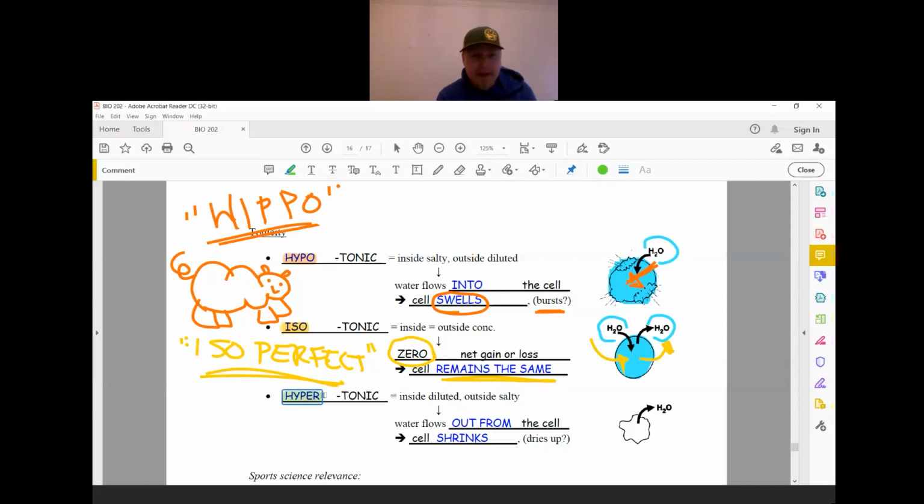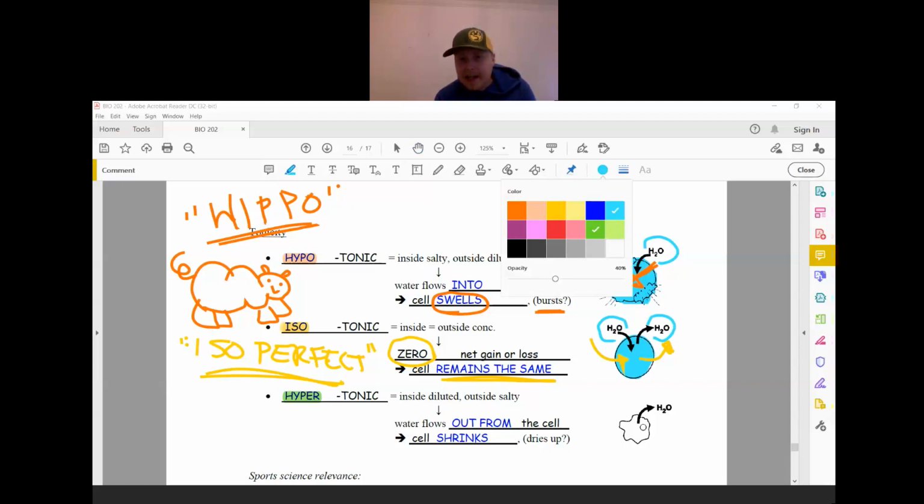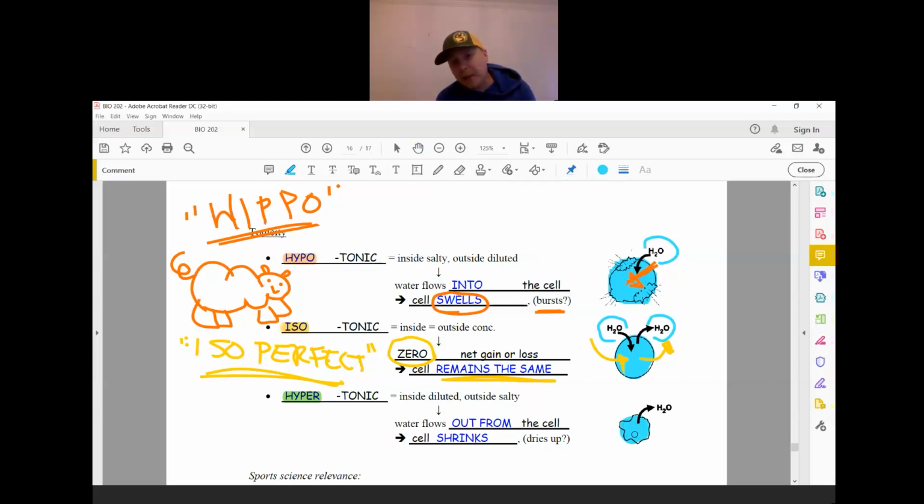So in hypertonic cells, the inside of the cell is fairly dilute. Outside of the cell instead is saltier or has more electrolytes or whatever you wish.